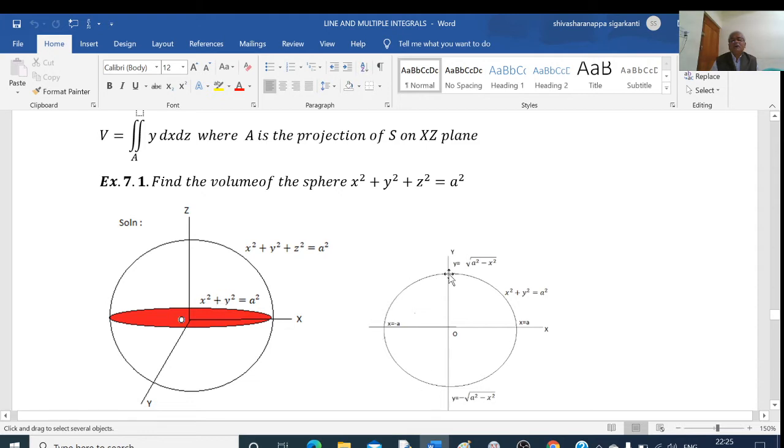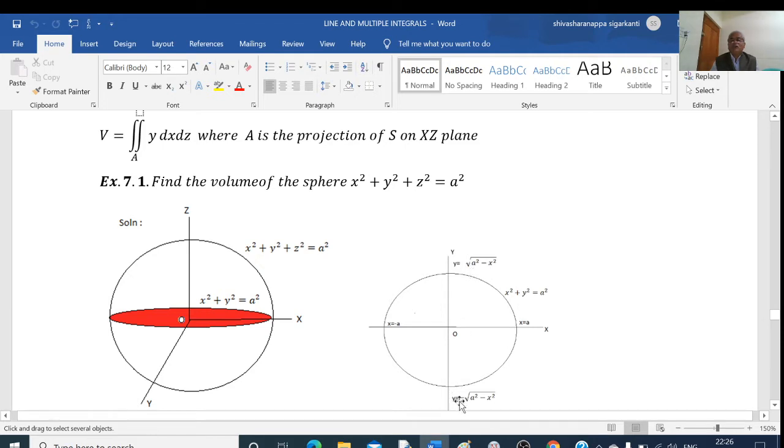And we write y square equal to a square minus x square, or y equal to plus or minus root of a square minus x square. So at this point, y value equal to minus root of a square minus x square. At this point, y value equal to plus root of a square minus x square.